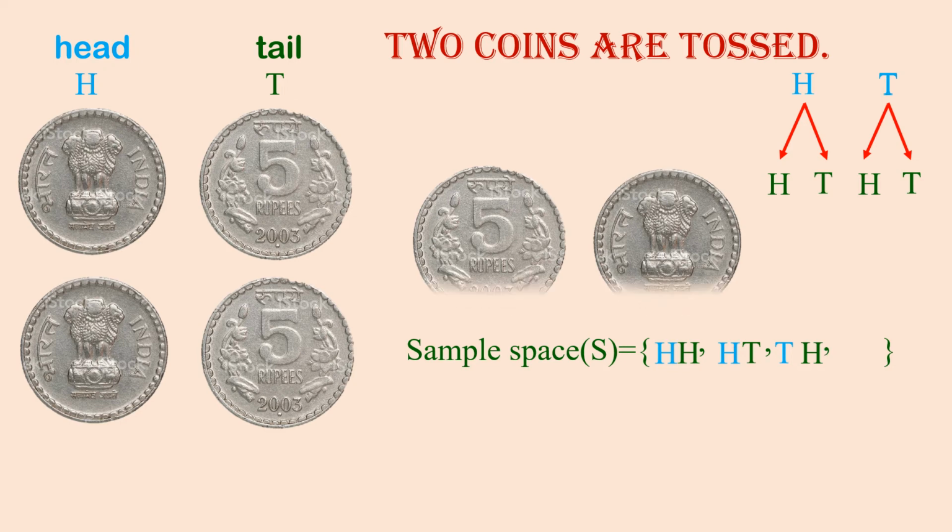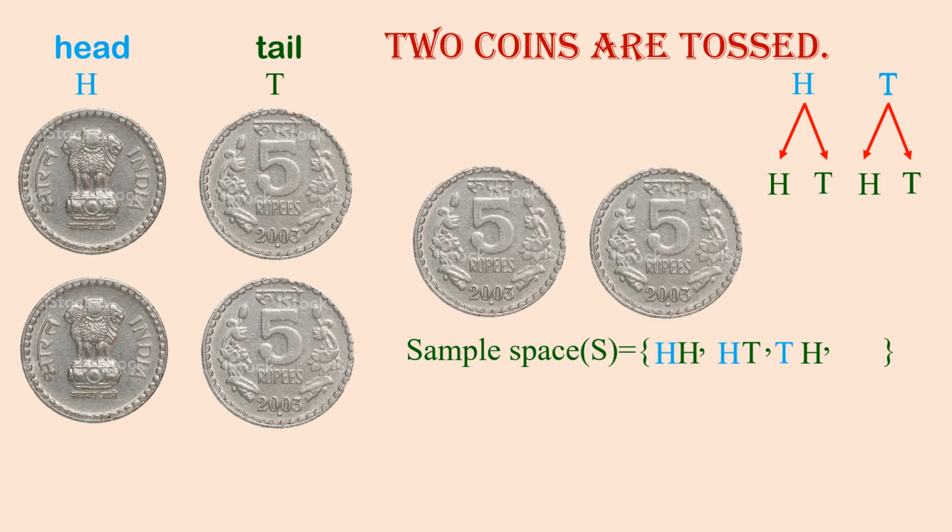And the last one, both the coins have tail. So these are the outcomes which become the sample space from the random experiment. However many experiments you do, you will get only these outcomes. You will not get anything other than this, and that is why sample space is always written from the outcomes of the random experiment.